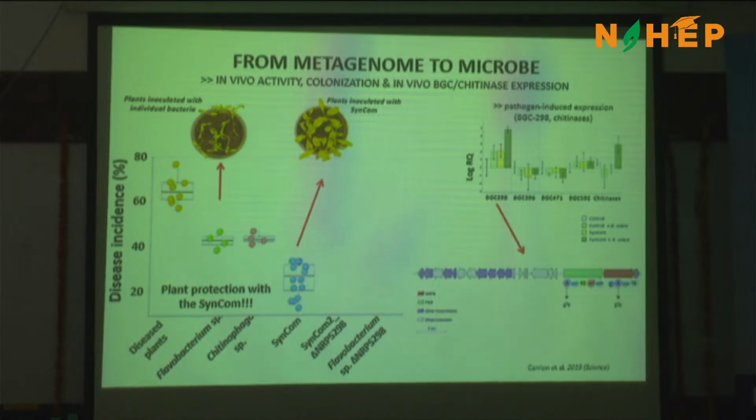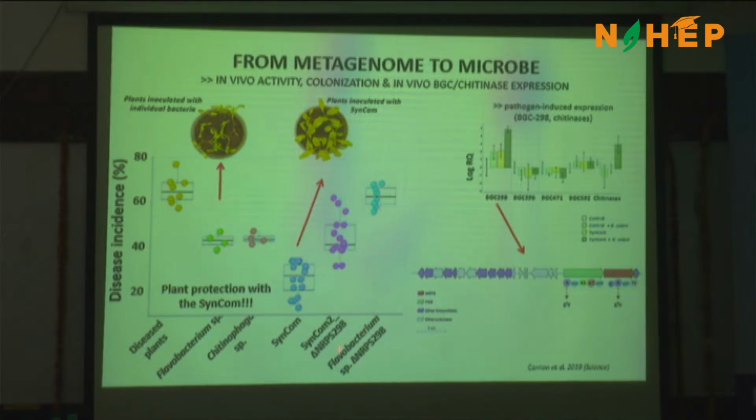So what we did next, we took this biosynthetic gene cluster, and then we performed mutagenesis and knocked out one of the genes. I think it was the PKS gene. And then we went back to the plant. So we inoculated together with Chitinophaga, and then we saw a similar reduction to when we were adding the individual ones.